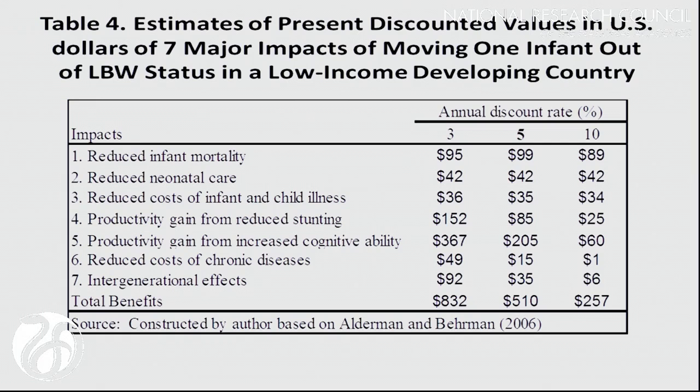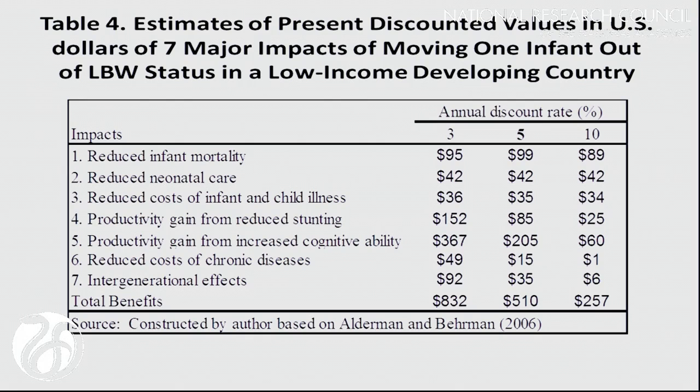Now, here are some estimates that Harold Alderman and I did about the present discounted value, using discount rates of 3, 5, and 10%, of 7 major impacts of moving one infant out of low birth weight status to above low birth weight status in a low-income country, using the best estimates that we could find to piece this together over the life cycle.